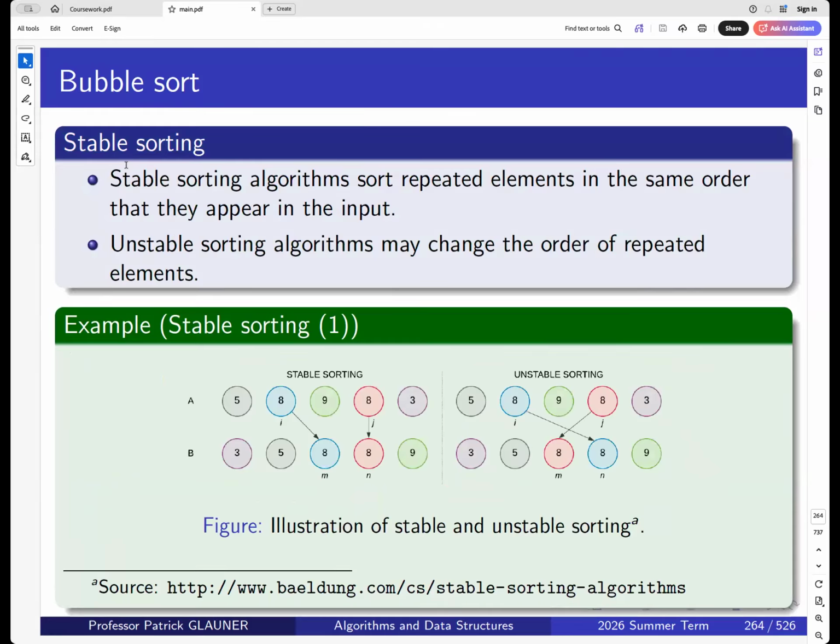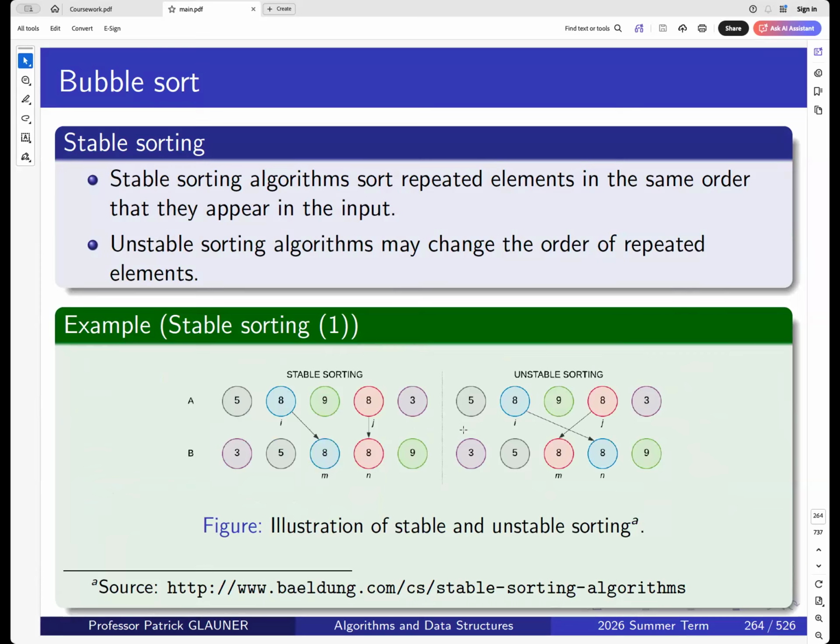And I also have a definition here, and we have this example down here as well. So if I have this data set and I sort it, I would sort this into 3, 5, 8, 8, 9, but the order of these two 8s does not change.